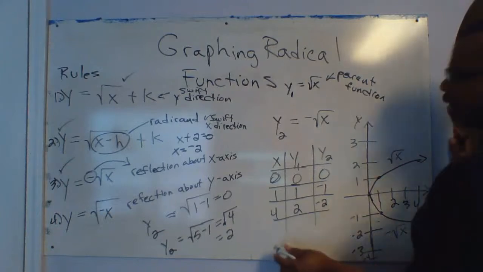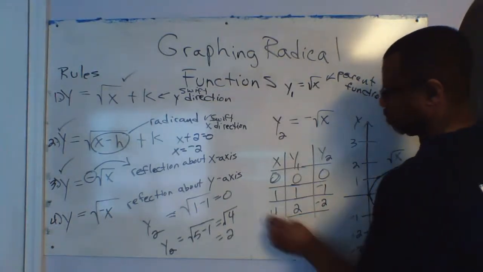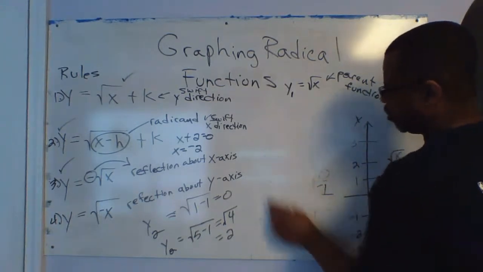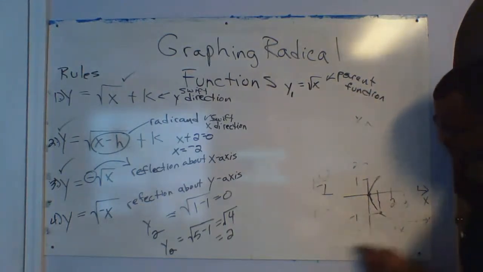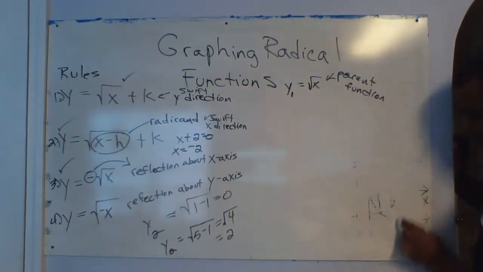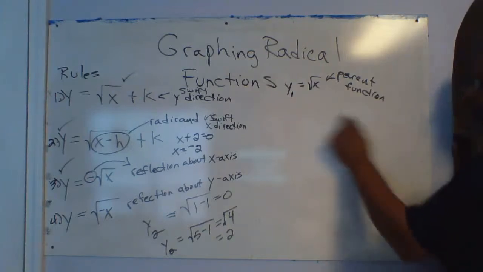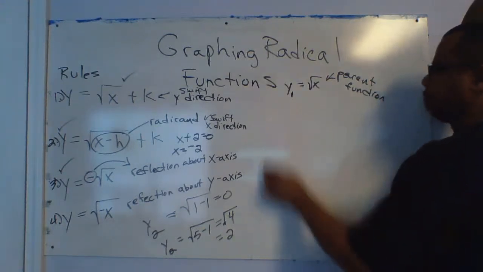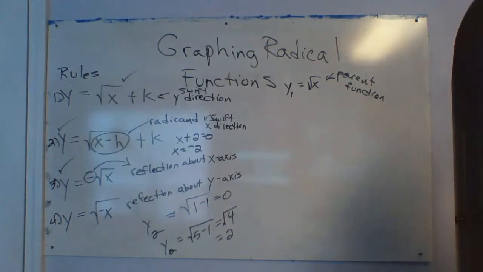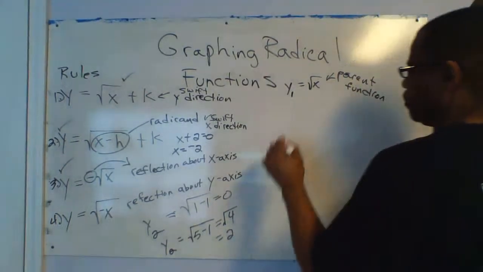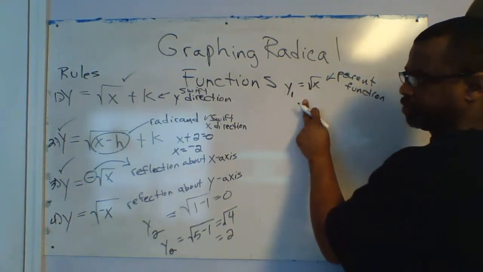All right, so now let's look at what's going to happen if you do a reflection when you have a negative up in the radicand. We're going to see what happens. So we still use the parent function.